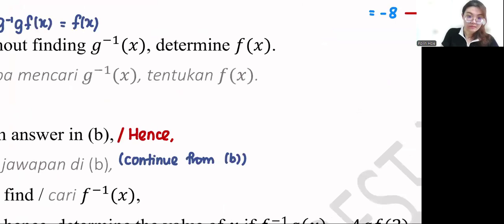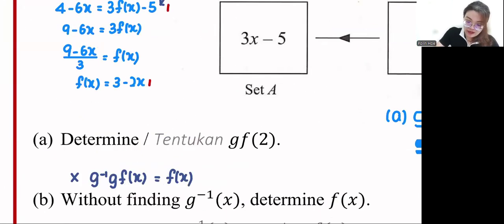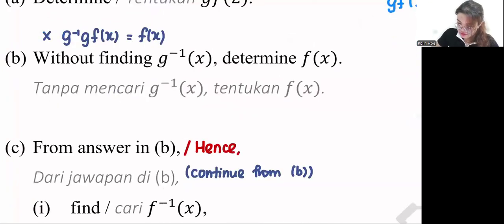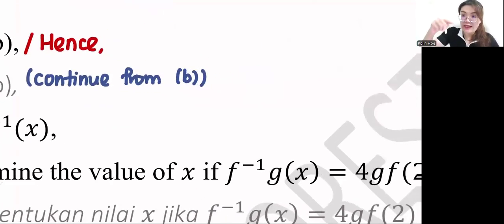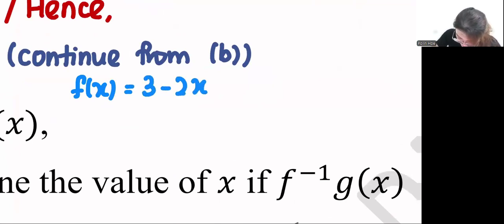From part B, what do we have? We have f(x) equals to 3 minus 2x. Can we find the inverse? Of course, yes. And they will expect you to use the let y method. f(x) equals to 3 minus 2x.